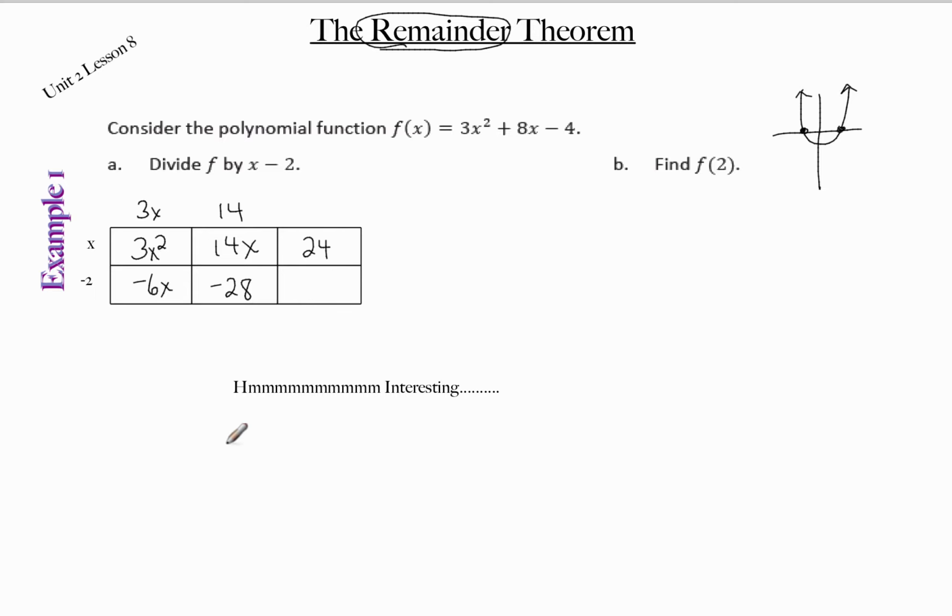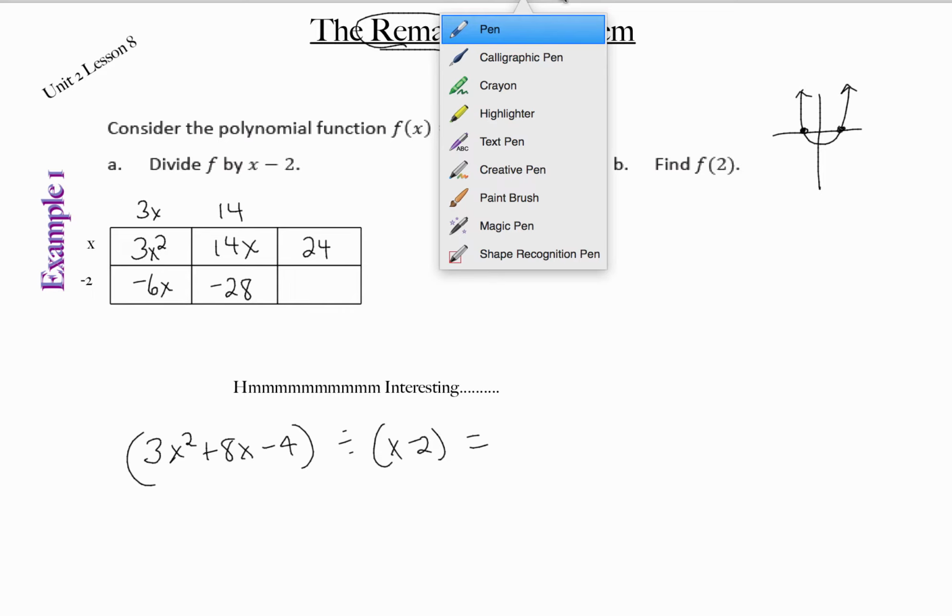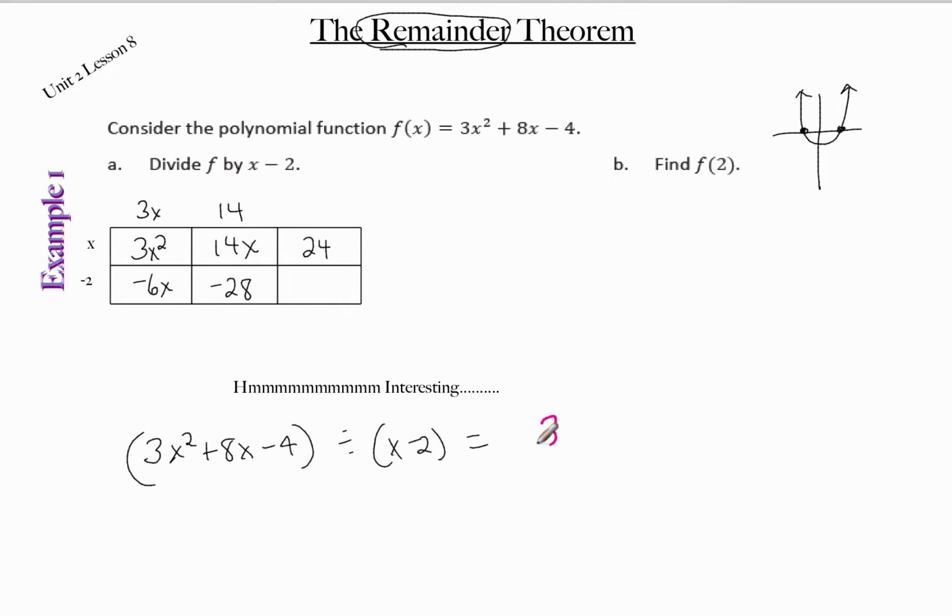So if I were to write this, if I would say 3x squared plus 8x minus 4 divided by x minus 2, my answer is 3x plus 14 plus a remainder of 24 over x minus 2. Okay, what was the next thing I have over here? Whoops, make that an eraser.